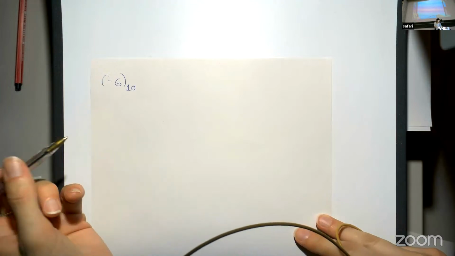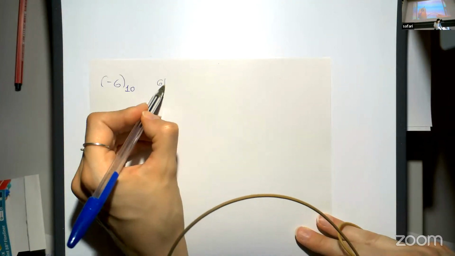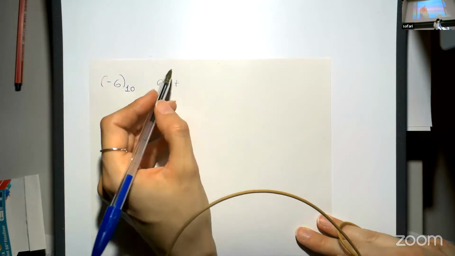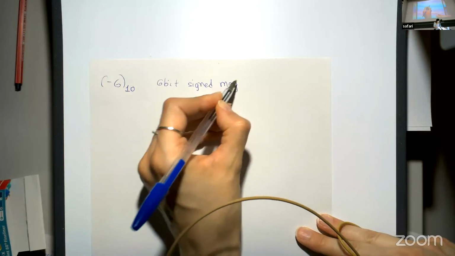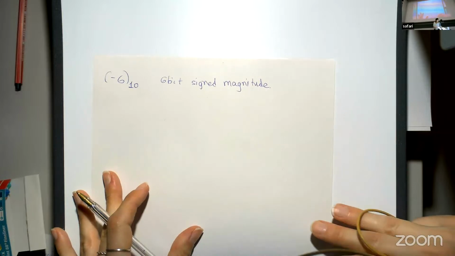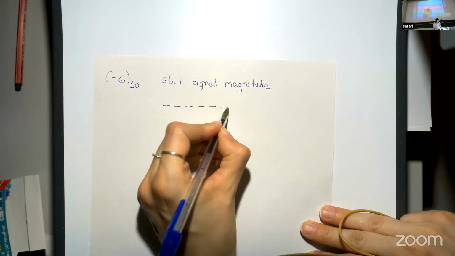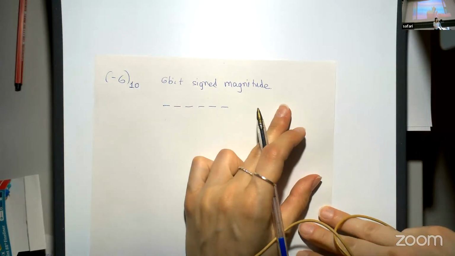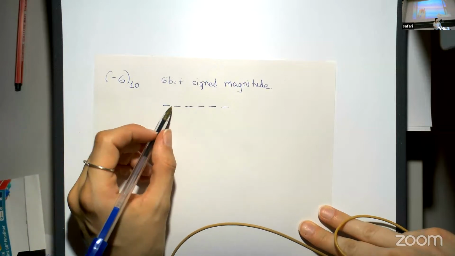This one is -6 in decimal, and we need to transform it into 6-bit signed magnitude. We have 6 bits available. Signed magnitude means that we utilize the most significant bit to show the sign.